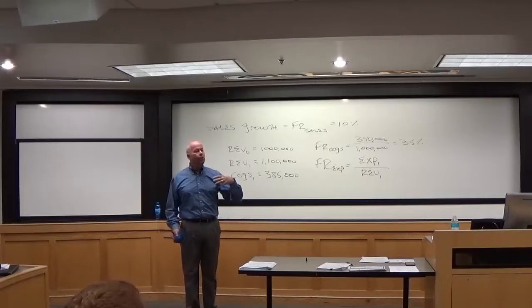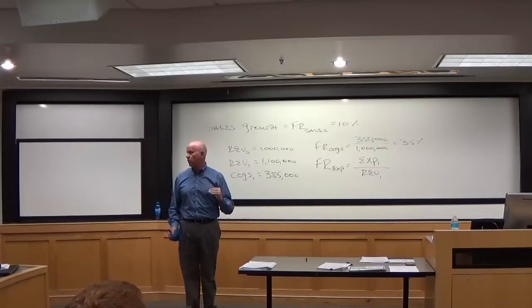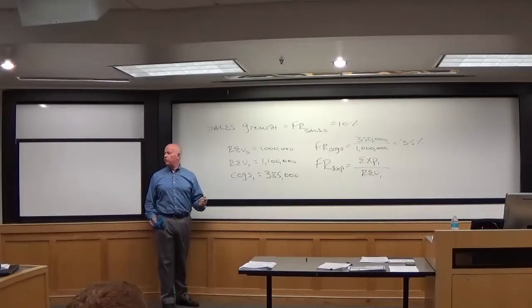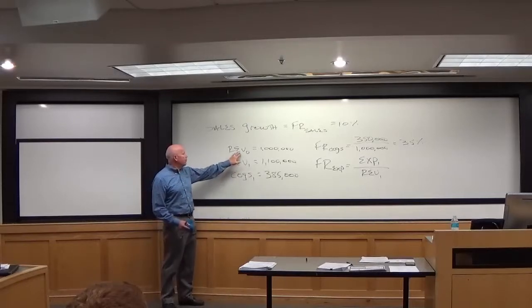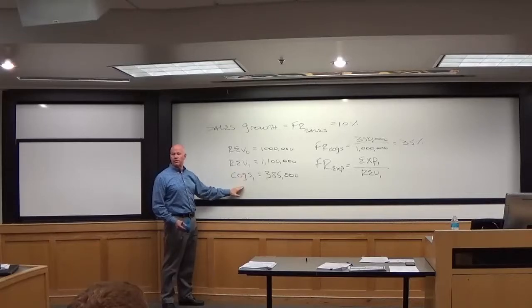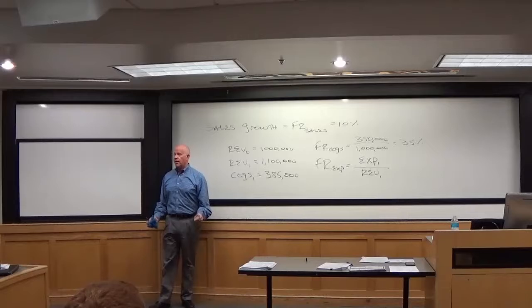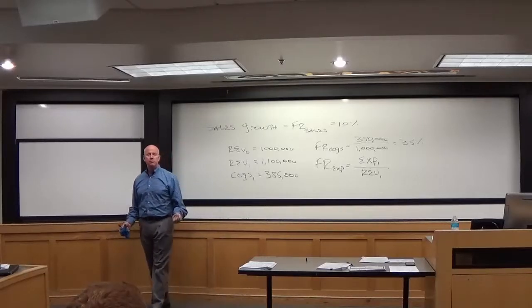So as long as I create a forecast ratio for every one of my expense categories, I can now forecast my expenses for each and every year in front of me by first having forecast my revenue for that year, and then I can forecast the expenses for that year, in which case I've effectively forecast EBIT for that year, haven't I?